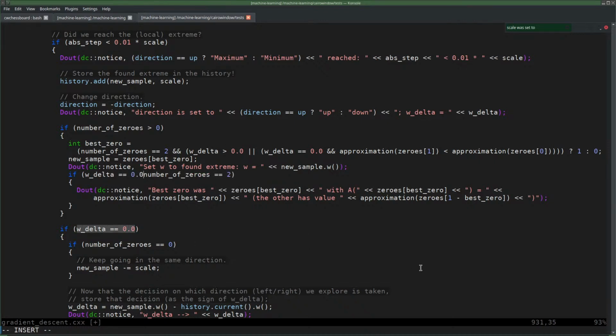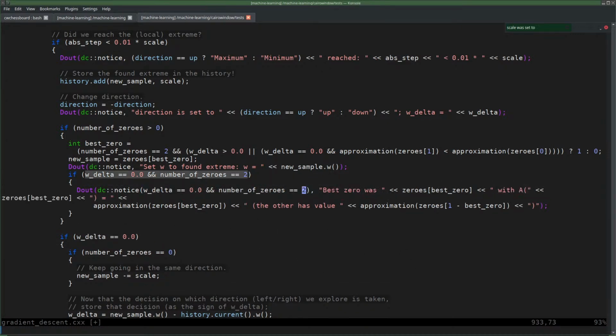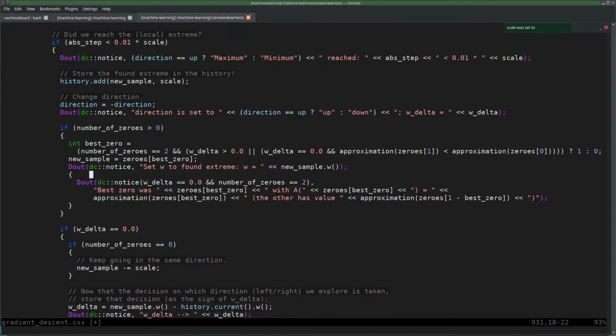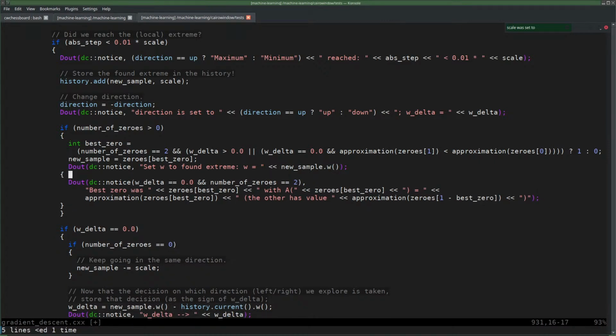Debug output test. Oh, this is 0 and number 0 equals 2. And since it's debug output anyway, I might as well use it, pass it here as a blip. Debug code.